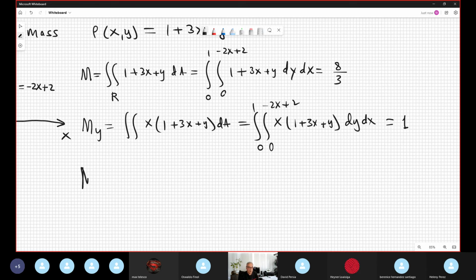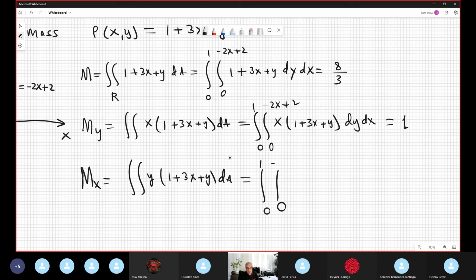Okay, and momentum x exactly the same, but it's y now here. It is a double integral, same limit, same region, but the integrand function changes. Now y. And the answer is 11 over 6.